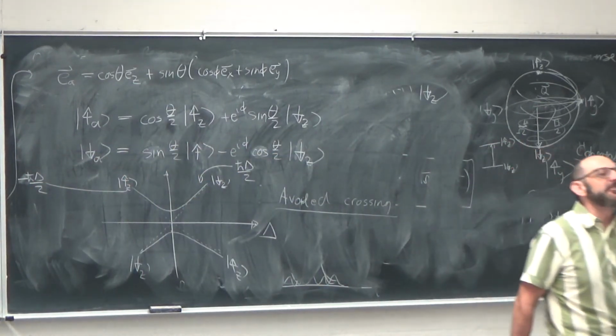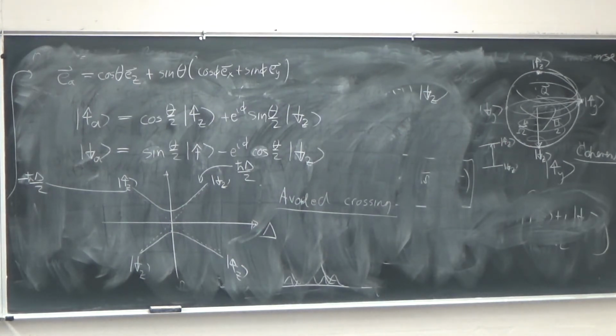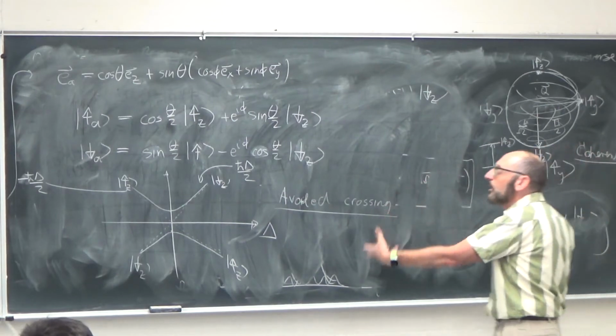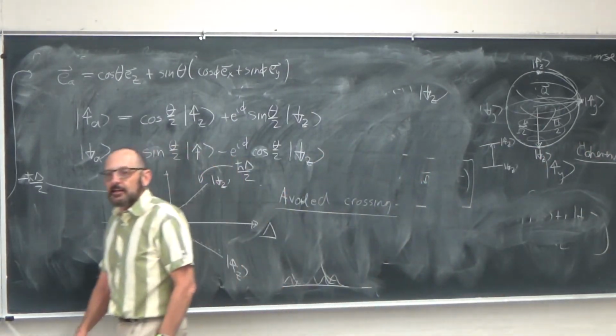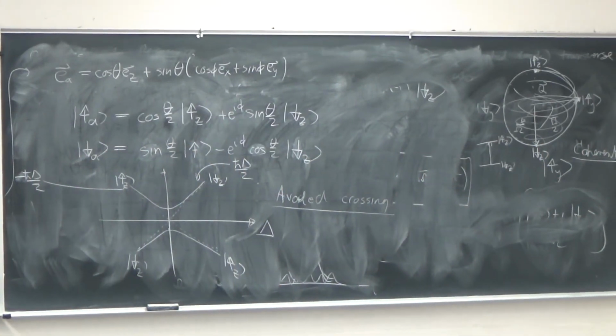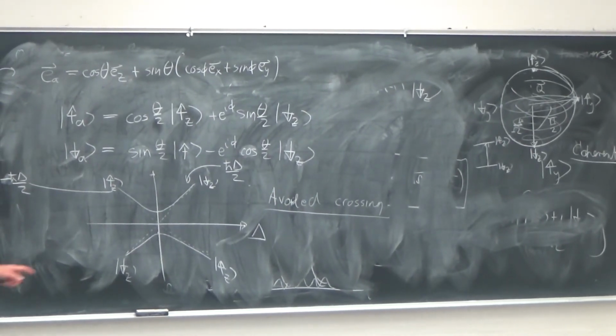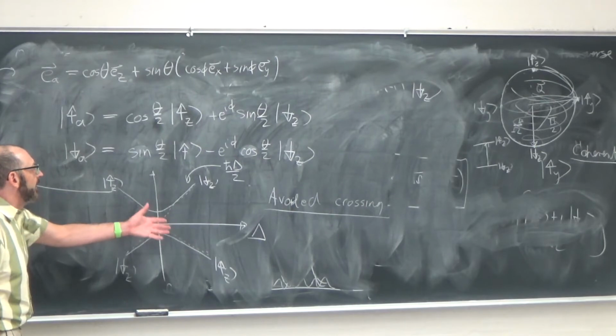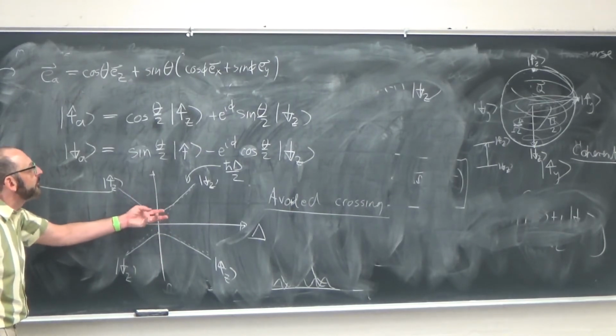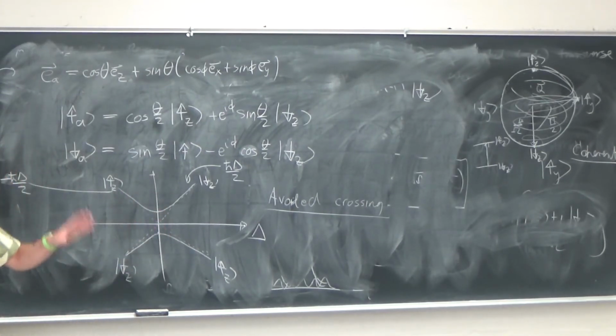But in the presence of the interaction, that degeneracy is broken. And that generic feature is known as an avoided crossing in the case of any two levels that would cross otherwise. Kind of a word salad, but anyway.